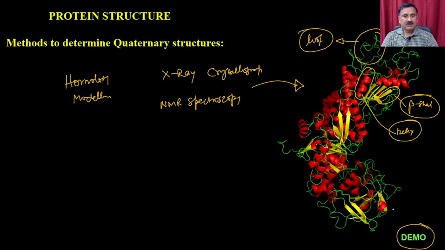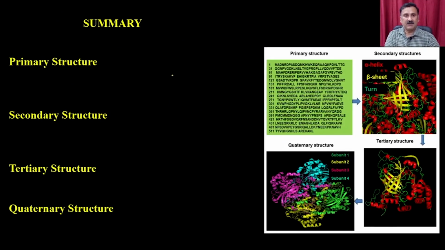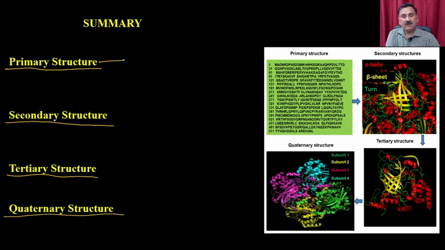In this particular lecture, we have discussed the primary structures, the secondary structures, the tertiary structures, and the quaternary structure. While discussing the primary structures, we discussed how you can determine them and what the different types of amino acids are. Amino acids have a general structure where you have the amino group and carboxyl group attached to a central carbon called C alpha, which is then attached to different types of R groups.